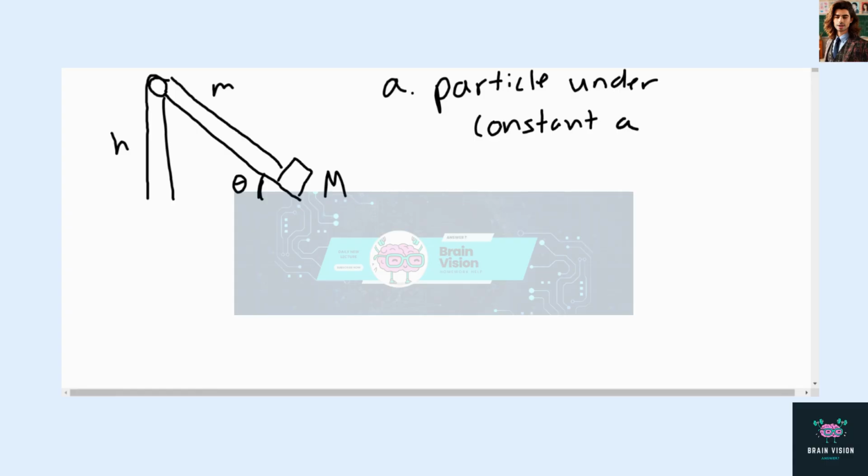We know that we can treat it as a particle under constant acceleration because that's what we did when we were dealing with these kinds of acceleration problems and these force diagrams in previous chapters, where we just analyze the dynamics of the forces acting on the box or the weight, whatever you want to call it. So yeah, that is our analysis for the weight m.